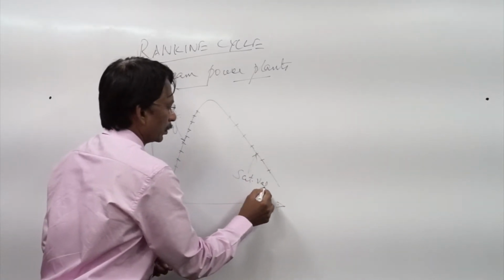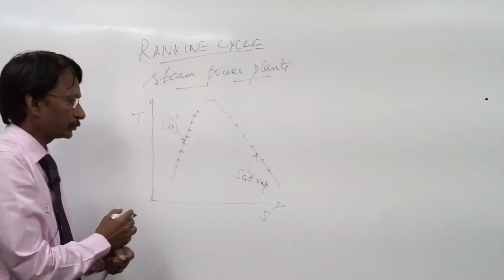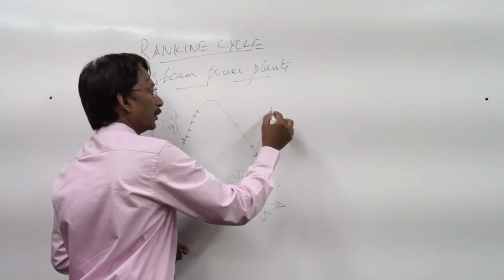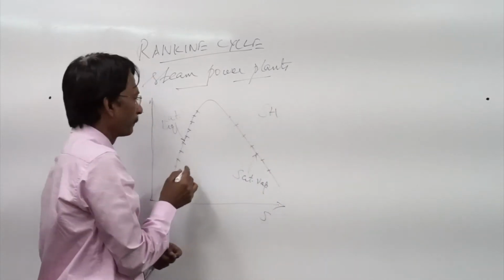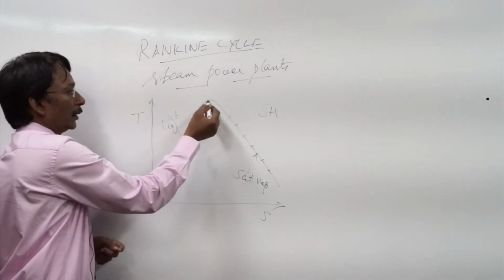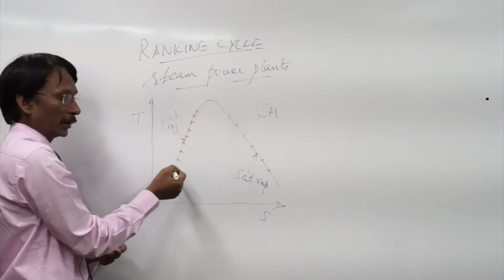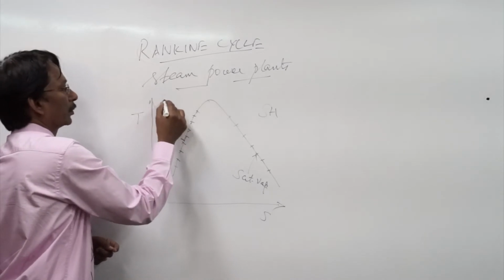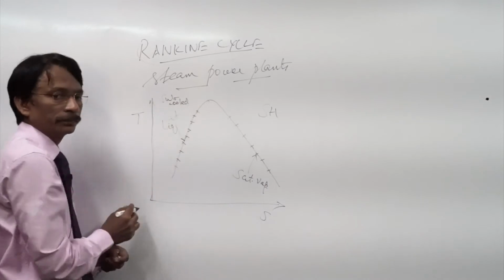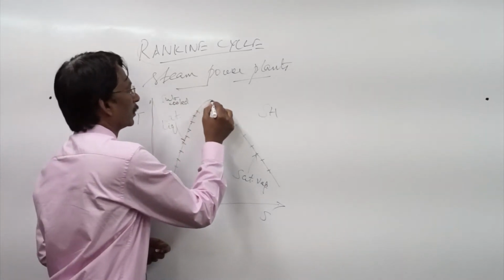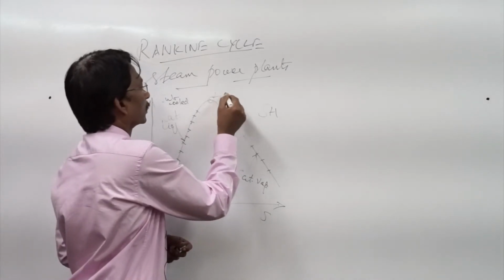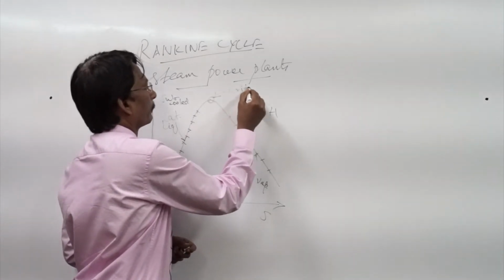Saturated vapor points. And this is the region which is the superheated region. And this region to the left of the saturated liquid curve is the subcooled region. And you know this point, which is the critical point.